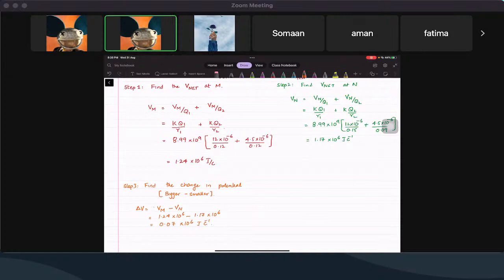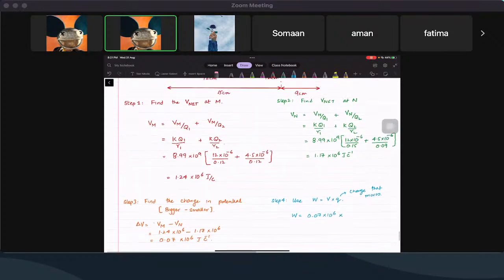Then step 4, which color should I use? Okay. So step 4 is that you use work done equals voltage times the charge that you're moving. I'm also writing charge that moves. So with that work done, the change in voltage was 0.07 times 10 raised to power 6 multiplied by the charge, which was 2 nanocoulomb.